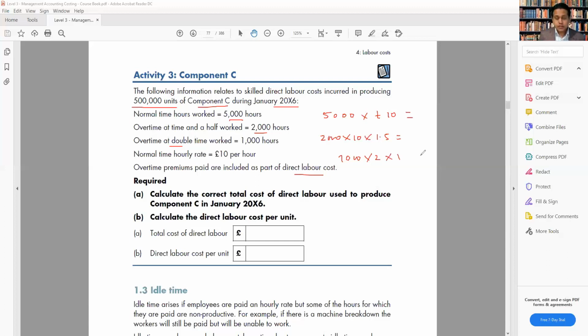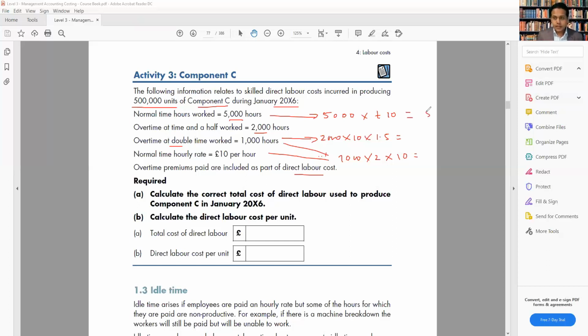So this is the basic, this is time and a half, and this 1,000 they said double. Yes, Sharon, it is the same result. I just broke it down to make you understand. If you understand, you can do 15 directly, of course.